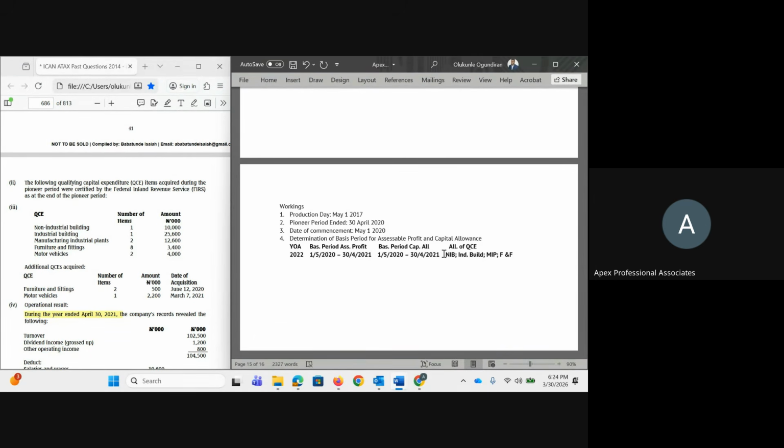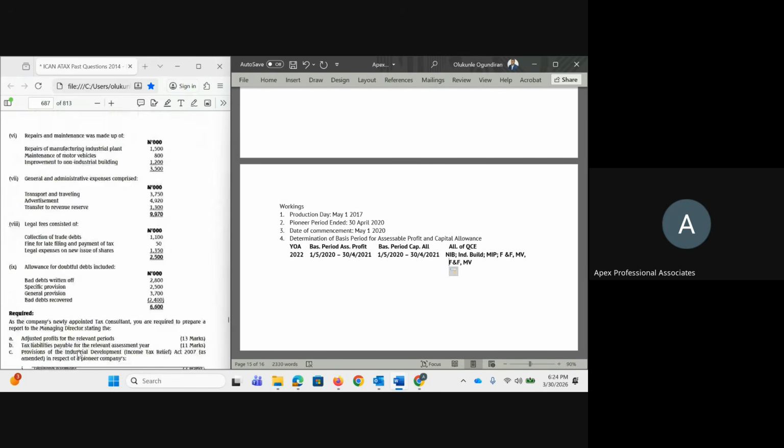F and F, motor vehicle. And also we have additional QC, F and F and M. All right, so that's it. That will be that. Right.